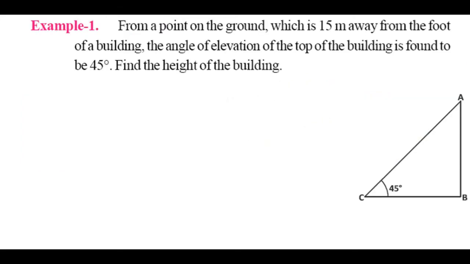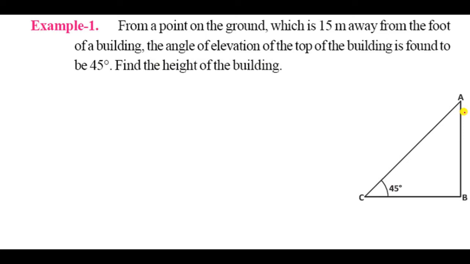Now come to example one. From a point on the ground which is 15 meter away from the foot of a building, the angle of elevation of the top of the building is found to be 45 degree. Find the height of the building. So this angle of elevation is 45 degree, and this is the height.